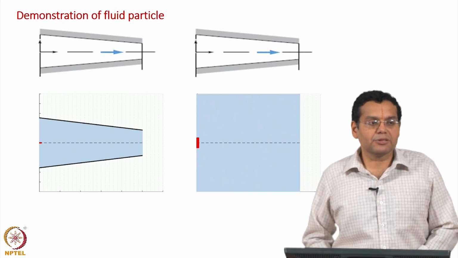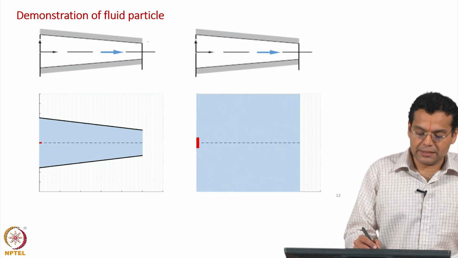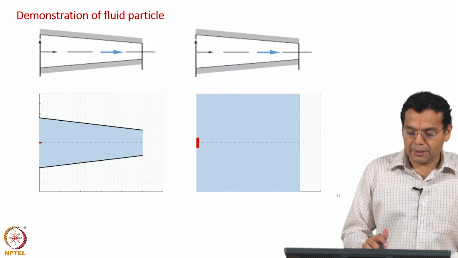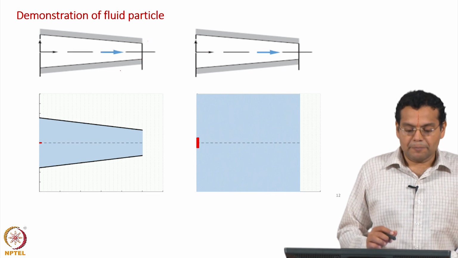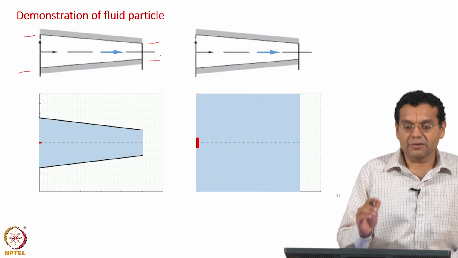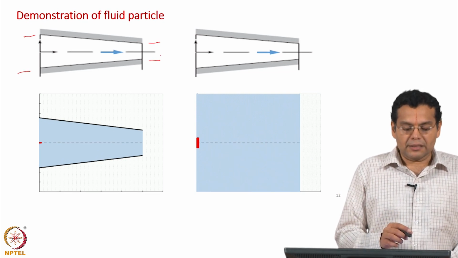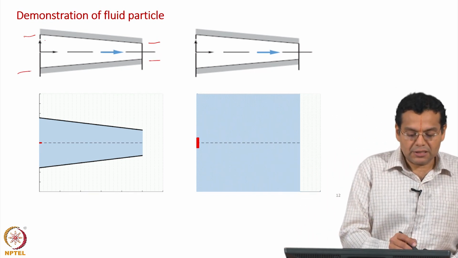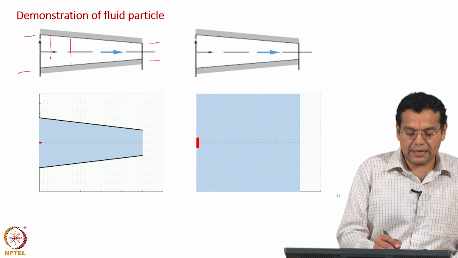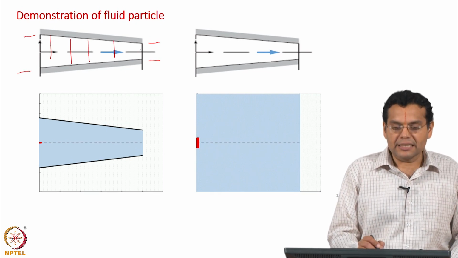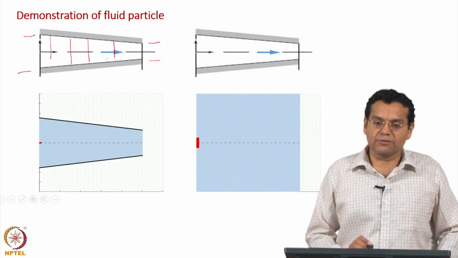The example I have chosen here is the flow between two plates, but in this case the distance between the plates decreases, which we call a converging nozzle. The reason for choosing this example is that because of the reduction in the area, the reduction in the height for the fluid flow, the velocity increases along the length in the flow direction.